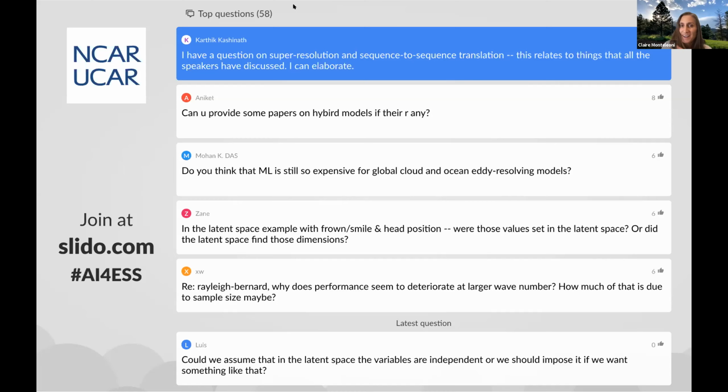Okay, so I did not actually talk about sequence-to-sequence translation or super resolution. But for the technique that I talked about, the second topic, you just need to be able to get images at both resolutions. They just don't have to be paired, and they could be coming from completely separate processes.